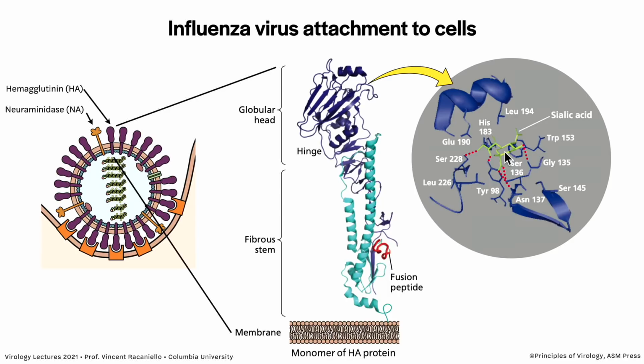So they solved the structure of sialic acid plus HA protein. And here's sialic acid in green. So it's a sugar. It has a ring structure on it, a 6-carbon ring. And you can see it's making interactions, the red dots, with surrounding amino acids. So this fits in with high affinity into this pocket at the top of the HA, and that's how the virus binds to cells.